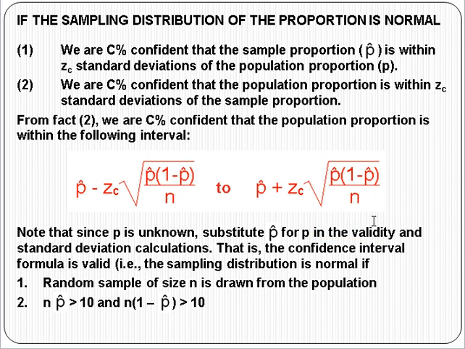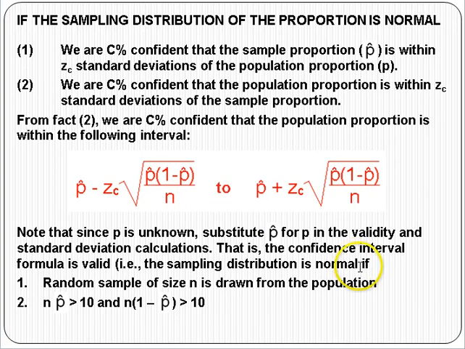One small modification we need to make. We're trying to estimate the population proportion. In other words, it's unknown. So in the validity and standard deviation calculations, what we're going to do is substitute the best estimate for the population proportion, which is the sample proportion. Notice in this formula for the standard deviation, I used p hat, the sample proportion, rather than the population proportion, because the population proportion is unknown and I do know the sample proportion.